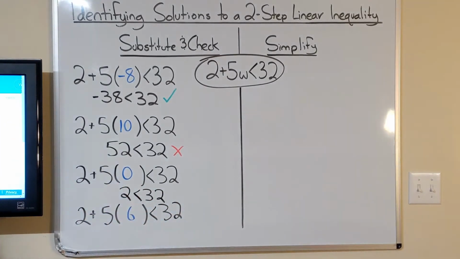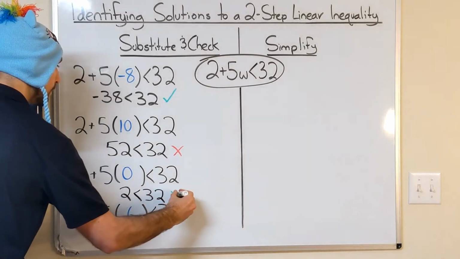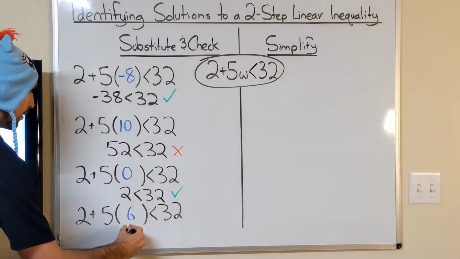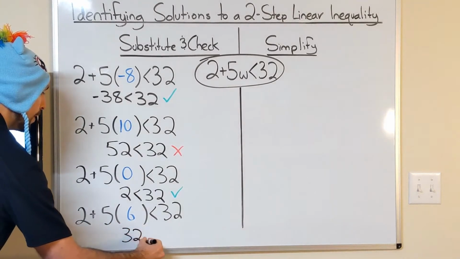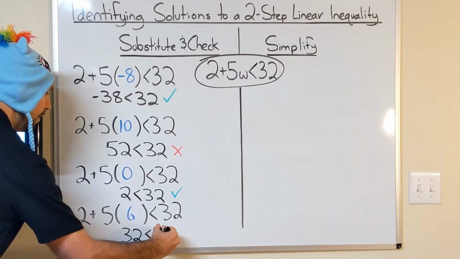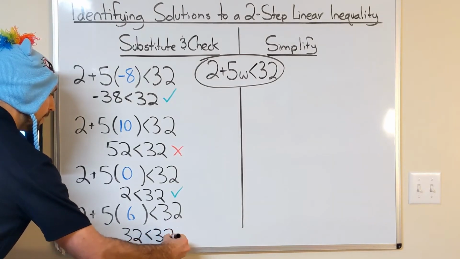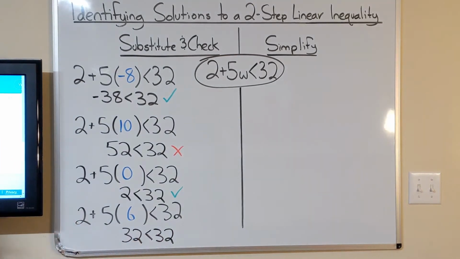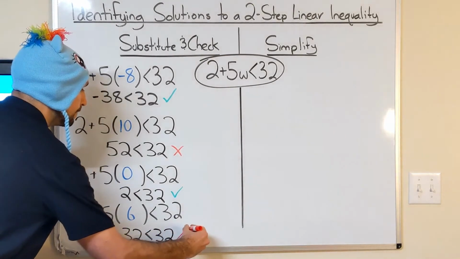So that will be a solution. And then finally, 5 times 6 is 30, plus 2 is going to be 32. Now 32 is equal to, but not less than, 32. And since our inequality is a strictly less than symbol, this is also not a solution.